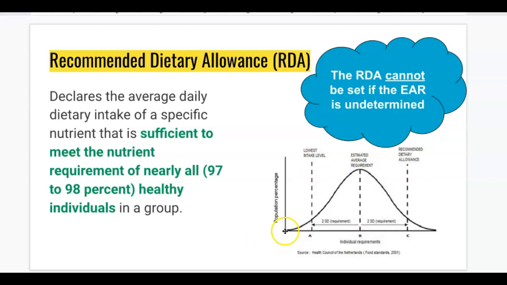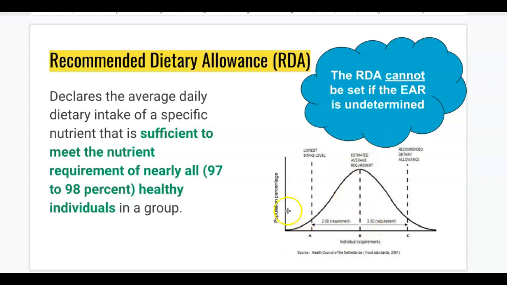Okay, so we know that the lowest intake of that specific nutrient among the healthy population is right here, and the highest intake of that healthy population for that specific nutrient is over here. The middle is that estimated average requirement, but we can't determine that RDA if we don't know where this EAR stands.